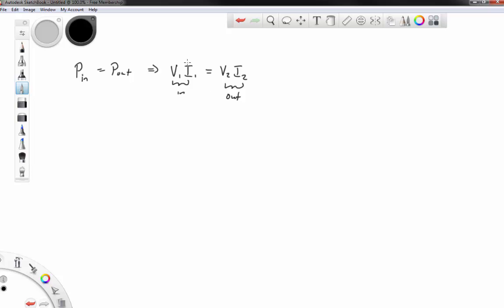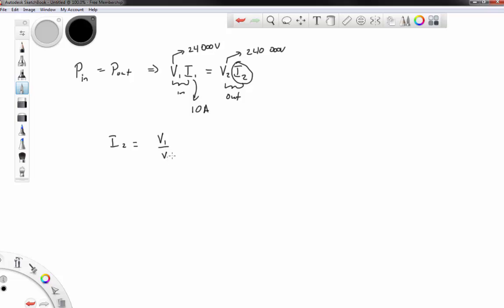So what we've been given is that the electrical power that's been generated, the input in other words, was 24,000 volts, and that at output we should have 240,000 volts. We're also told that the input current was 10 amps. So we're looking for this output current right here. Solve the equation for the output current.